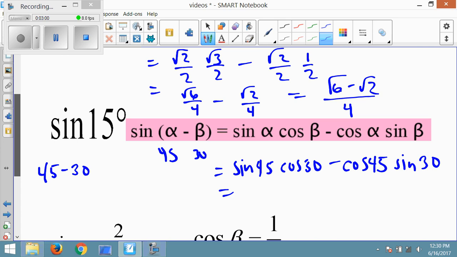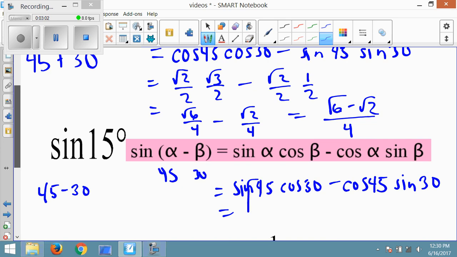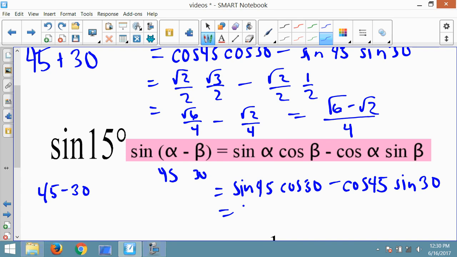So we're going to have sine of 45 is the square root of 2 over 2. The cosine of 30 is the square root of 3 over 2, minus the cosine of 45, which is the square root of 2 over 2, and sine of 30 is 1/2.